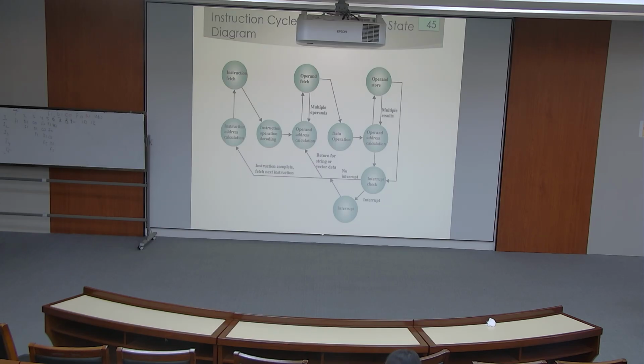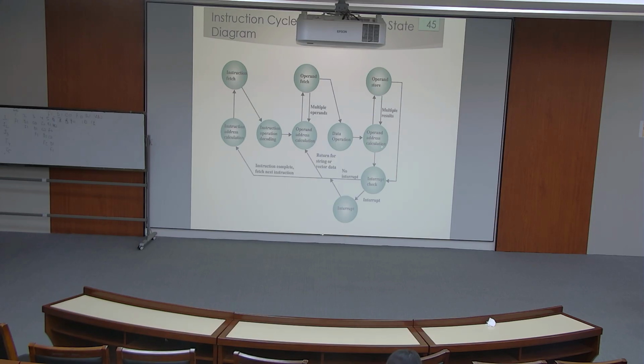Now we have the same instruction cycle state diagram, but this time we include interrupts. You see we have interrupts here. We have instruction fetch, instruction operation decode, operand address calculation, operand fetch. If there are multiple operands, you see we have the arrows which go and come back. Then we have data operation when the instruction is applied to the data fetched from the memory.